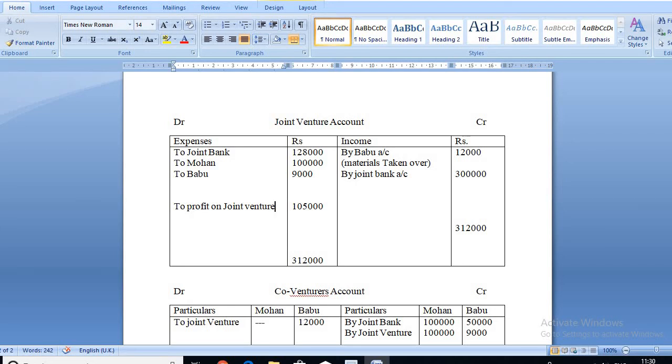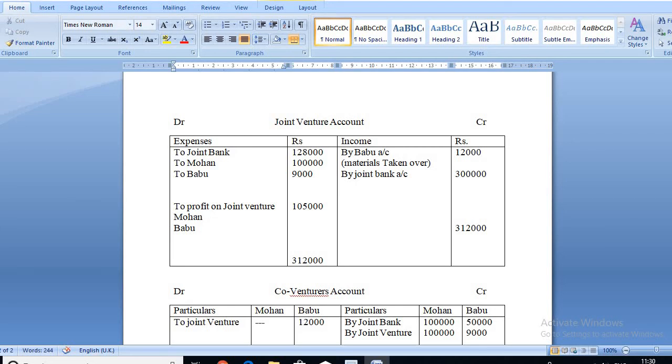This profit should be distributed to Mohan and Babu in the ratio of 3:2. So divide this 1,05,000 between Mohan and Babu in the ratio of 3:2.